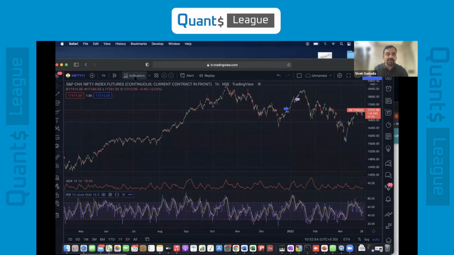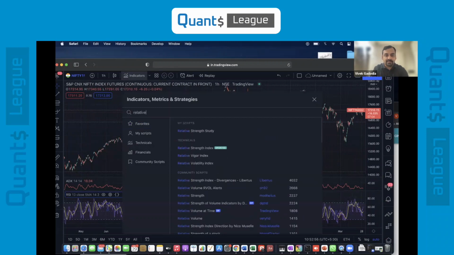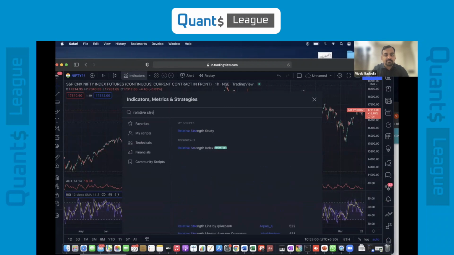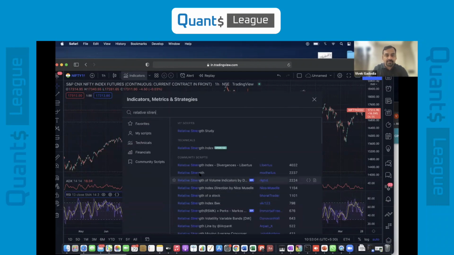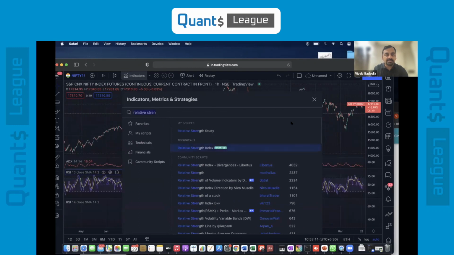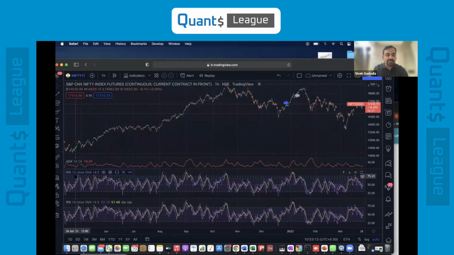Now along with this, we'll plot another RSI. So I can just use the RSI indicator again, and we are going to make this RSI 5.